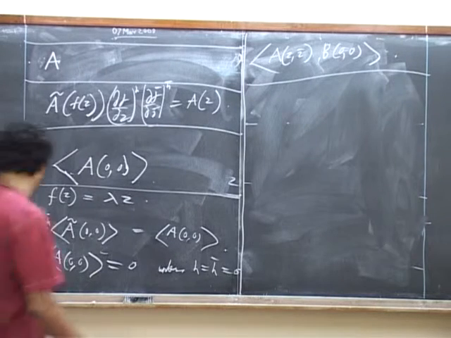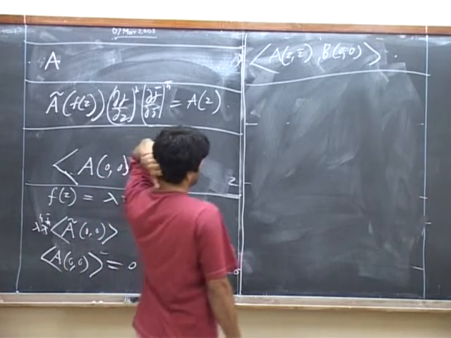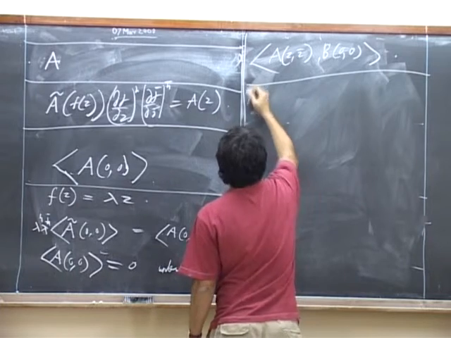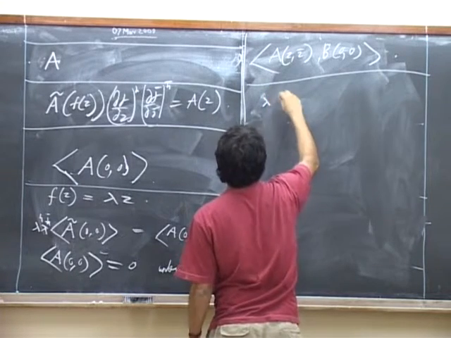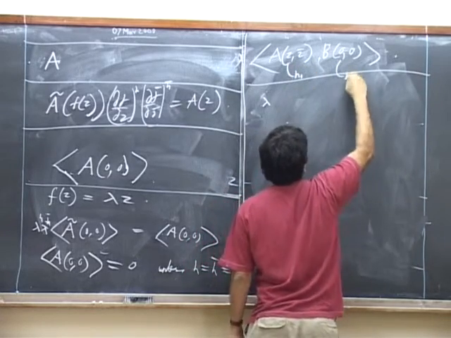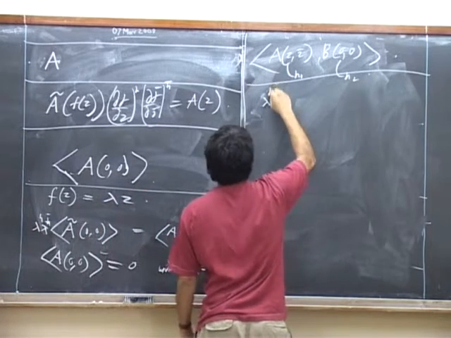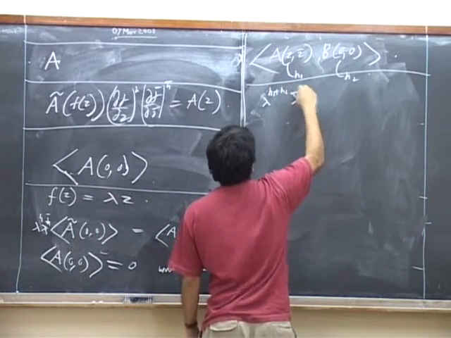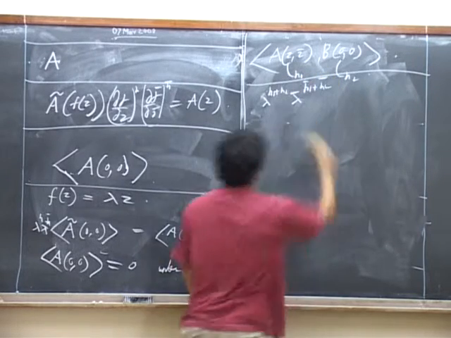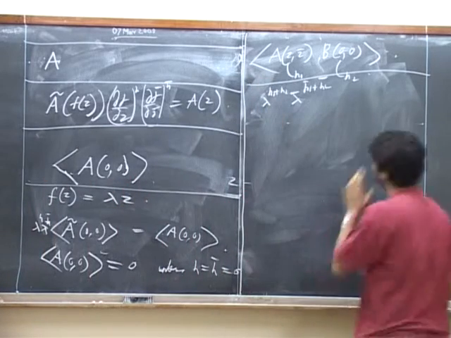Okay? So, what do we get? Well, if we did this here, we get del f by del z, so that's lambda to the power. Suppose this operator has weight h1 and this one has weight h2. Then we get lambda to the power h1 plus h2, lambda bar to the power h1 bar plus h2 bar, times whatever this function is.